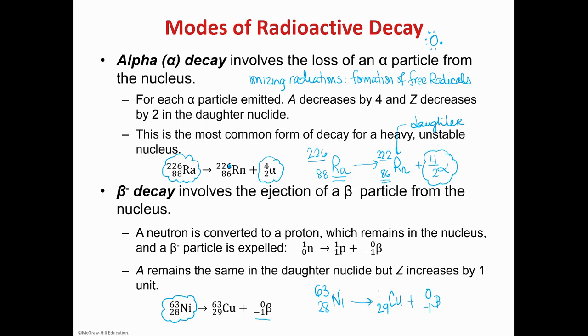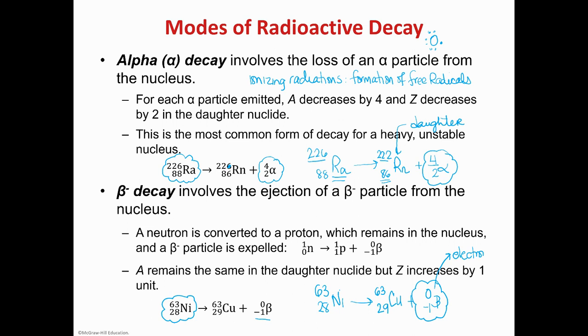And then the mass, it has to be 63 because 63 plus 0 equals 63. So now we see that this particular isotope released a beta particle.